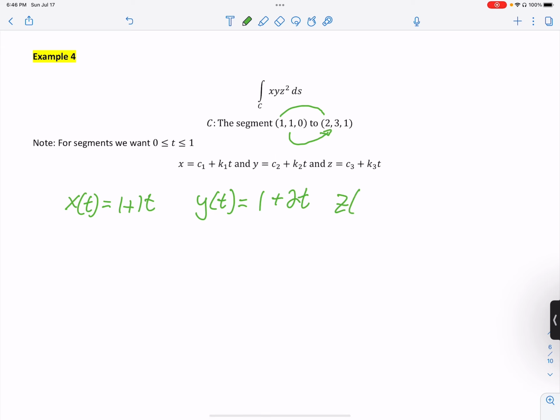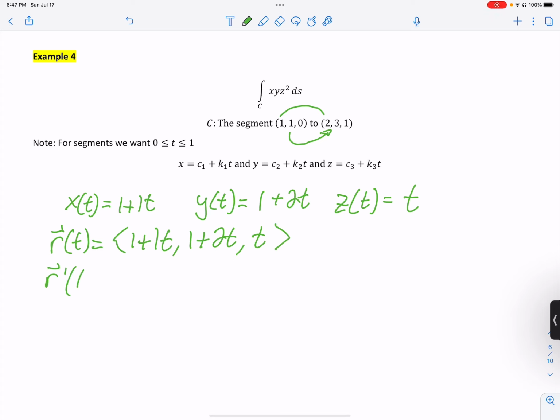And then z of t, that started at 0, and it went up from 0 to 1, that's 1t. So I could put 0 plus 1t, I'm just going to put a t. That describes my path. All right, so the path here is 1 plus 1t, comma, 1 plus 2t, comma, t.